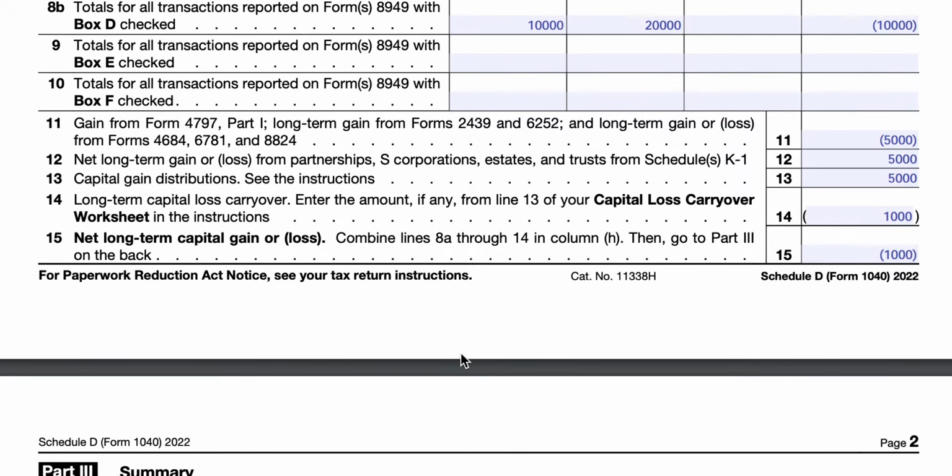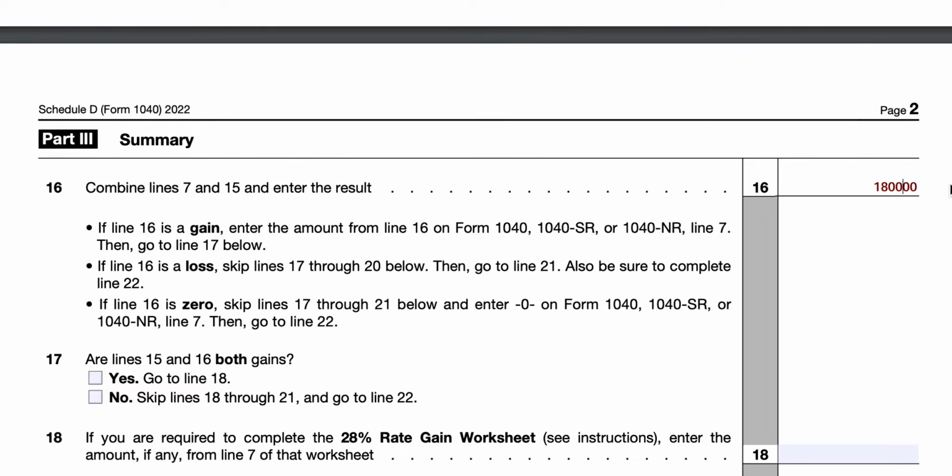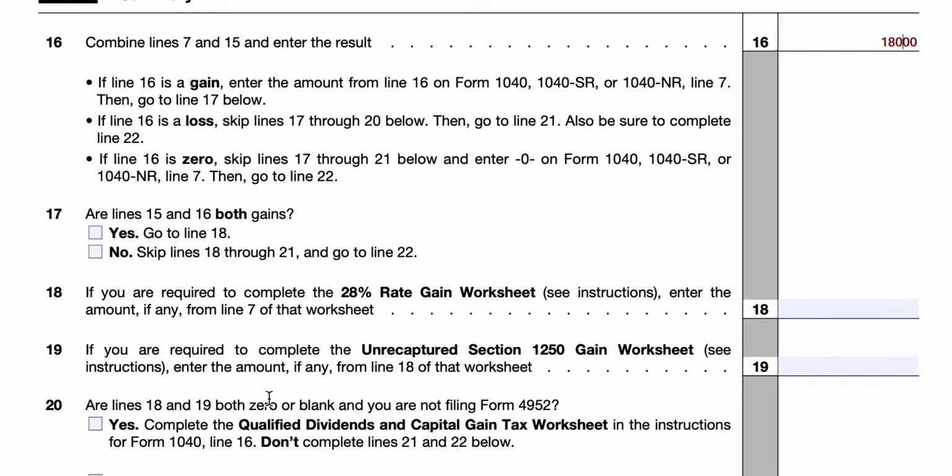So since we're reporting a capital gain here, we're going to go down to line 17. Now line 17, if lines 15 and 16 are both gains, then you would need to go to line 18 and complete the 28% capital gain worksheet.